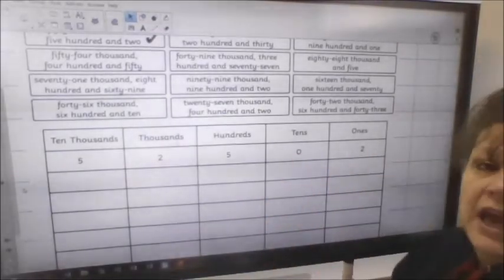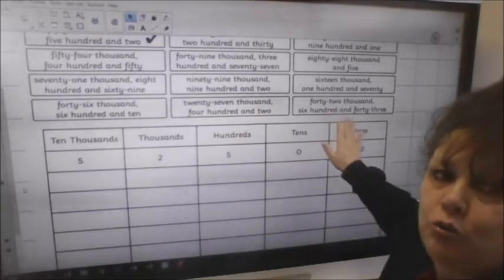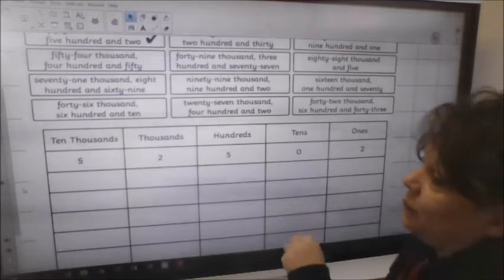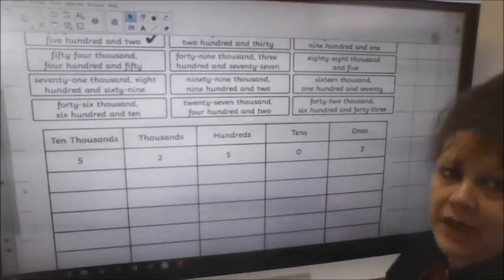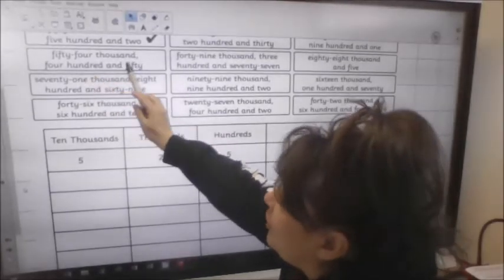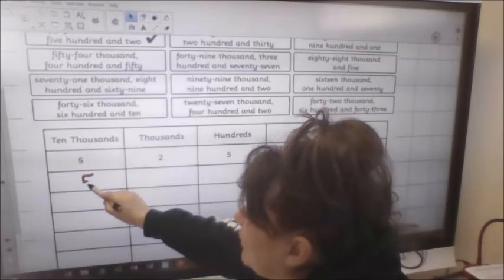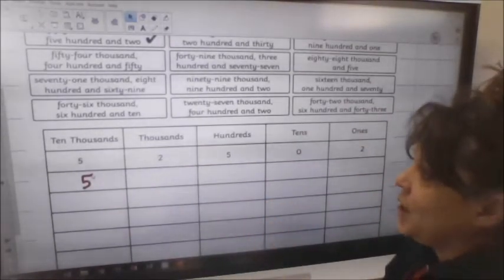So let's have a look at our words then. I'm not going to do all of them, just the ones that we can see here. So we've got 54,450. If I read this to start off with, I know I've got 50,000. So I'm going to put 5 there, because 5 lots of 10,000 is 50,000. The next one is 4.